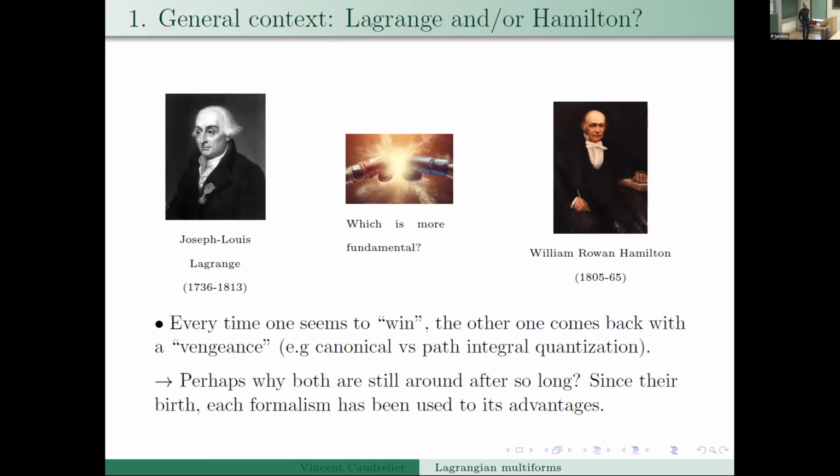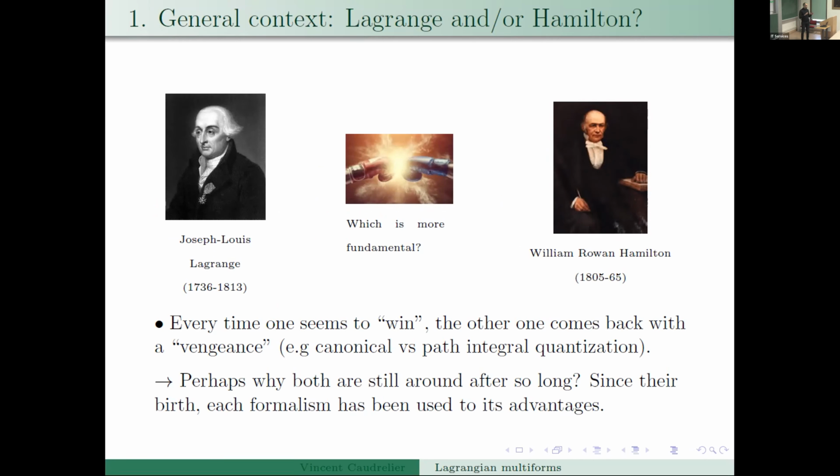Right. So, Lagrangian and Hamiltonian both still survive nowadays for a good reason. They're powerful and they both bring something to the game when you want to describe some dynamical system. I present this a bit as a fight between the 2, because some people view it like that.